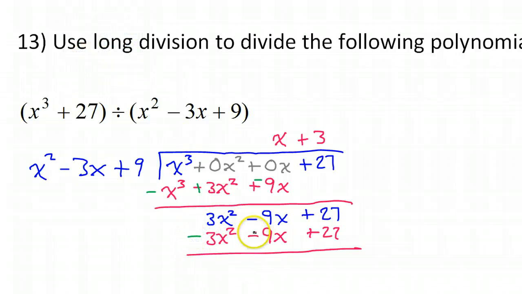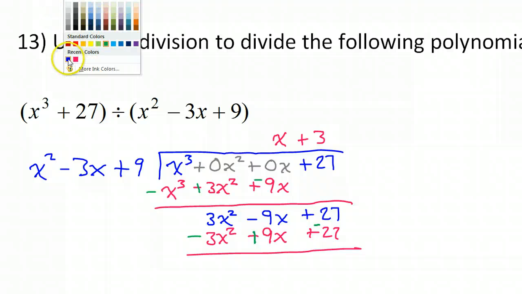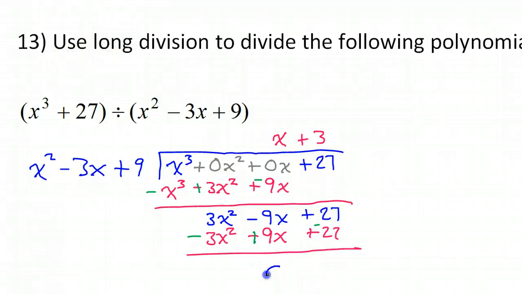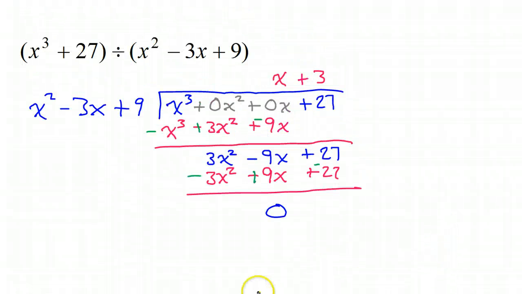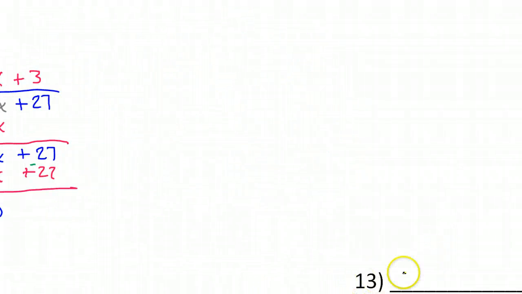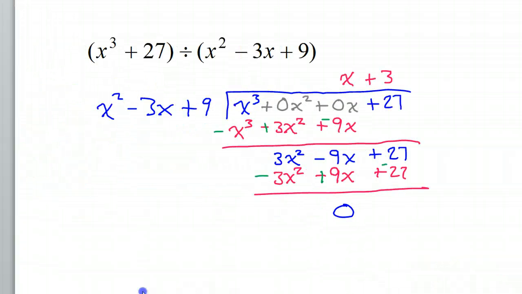So minus, plus, and minus. In this particular case, everything winds up canceling out. So that means we have a 0 remainder. So really this x plus 3 is the final answer, the quotient. So that's what we'll put here on the line, x plus 3. And that's it for number 13.